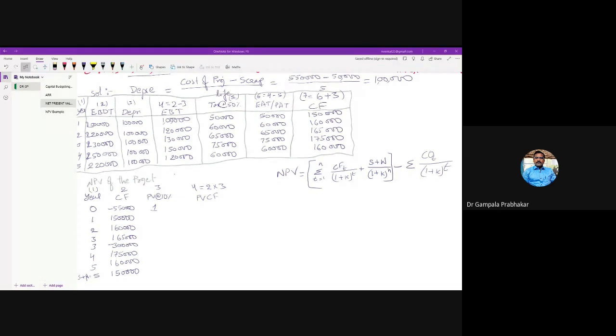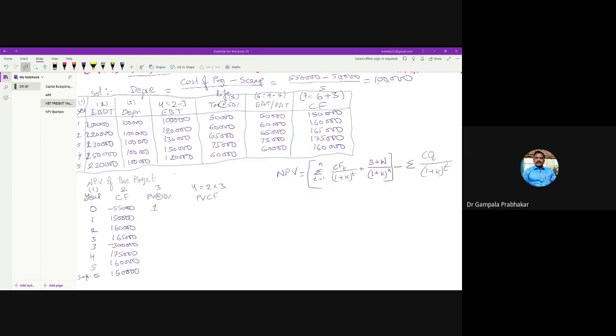Present value of 1 rupee table, present value of 1 rupee table.